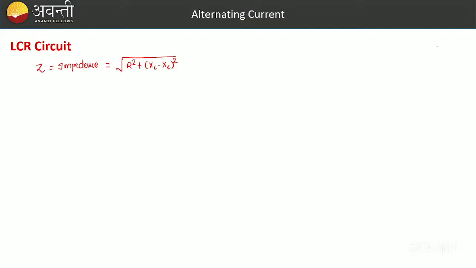In the impedance triangle, we will show this like this: XC minus XL, this is R, and here it is Z. The hypotenuse of this triangle is Z, the square root of R square plus (XL minus XC) whole square. This angle is phi.